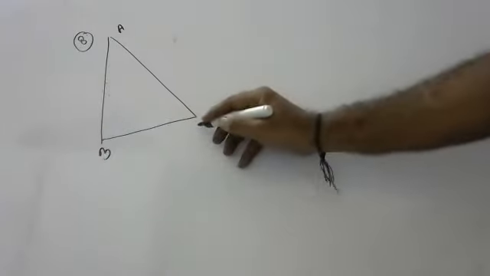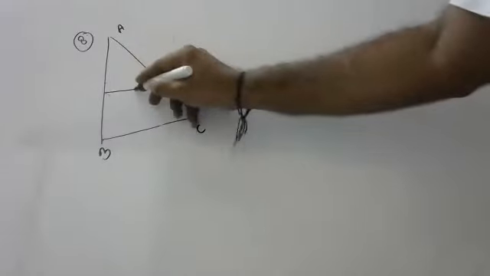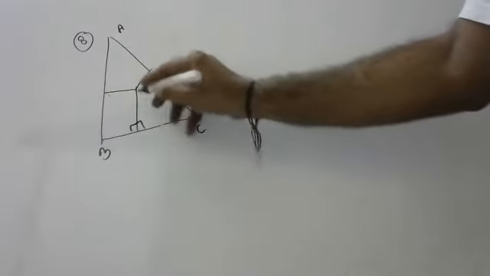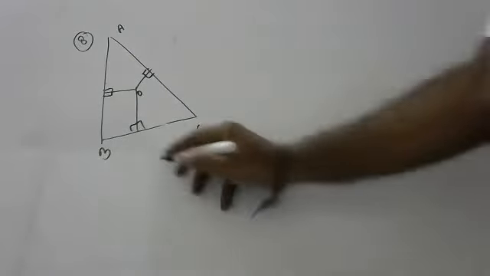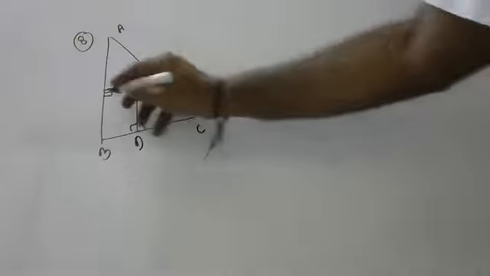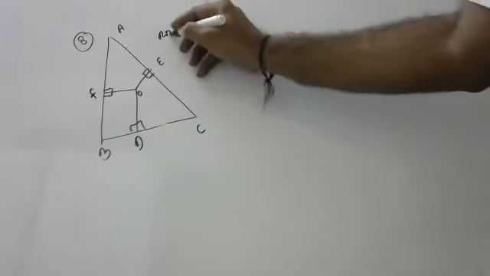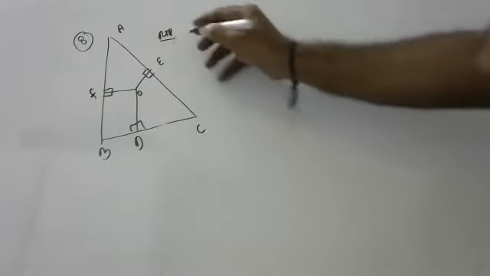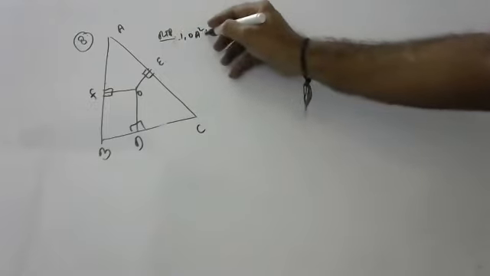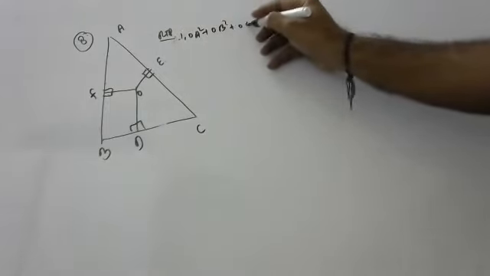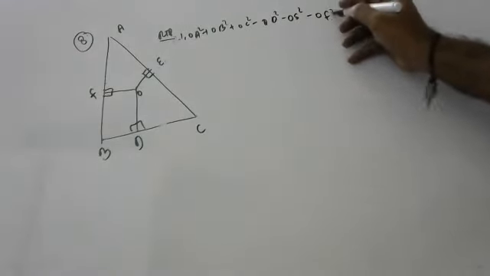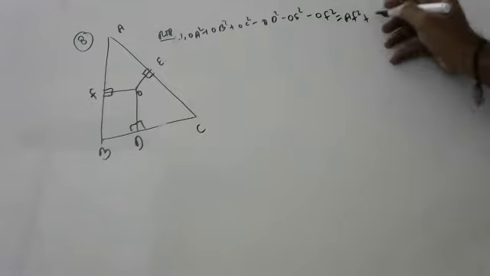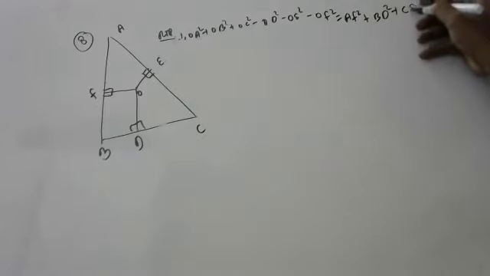This is A, this is B, this is C, this is O, this is D, this is E, this is F. Required to prove: first, OA square plus OB square plus OC square minus OD square minus OE square minus OF square is equal to AF square plus BD square plus CE square.